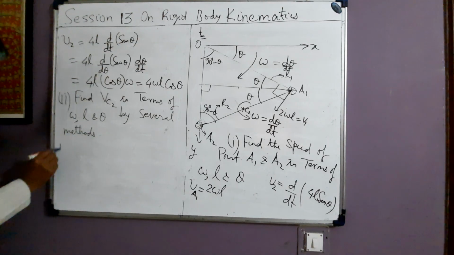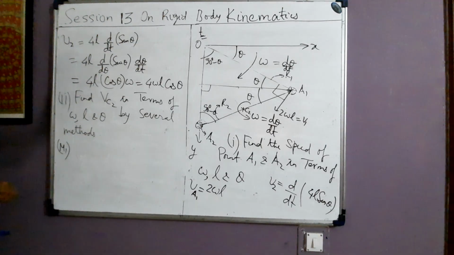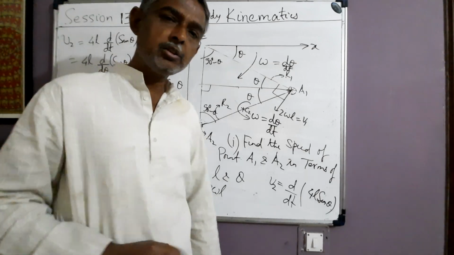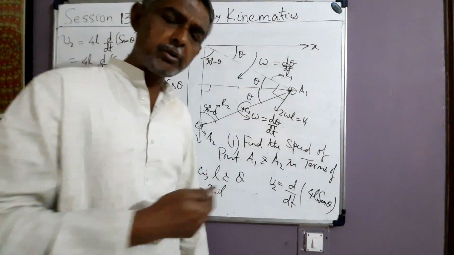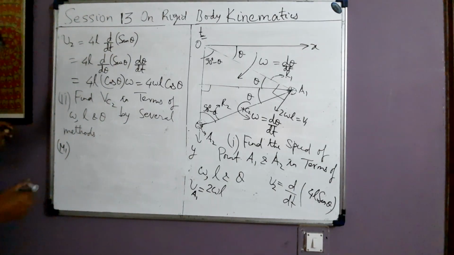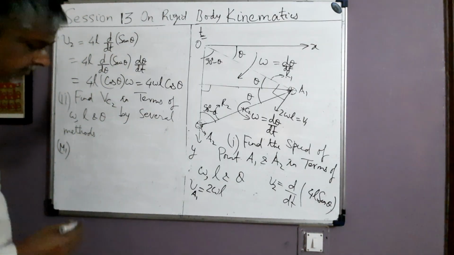Method 1, the method of coordinates. If you don't even know the instantaneous center of rotation for velocity, you can still solve such questions by using different concepts, as I am doing here. Method M1: we solve it using the method of coordinates.